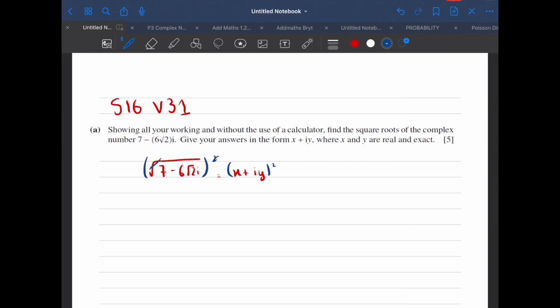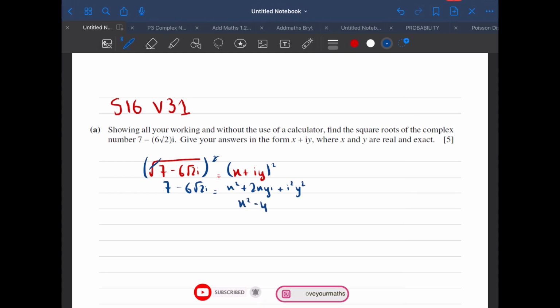This and this cancel out. 7 minus 6 under root 2 iota is equal to x square plus 2xyi plus i square y square. So it's going to be x square minus y square plus 2xy iota is equal to 7 minus 6 under root 2 iota.